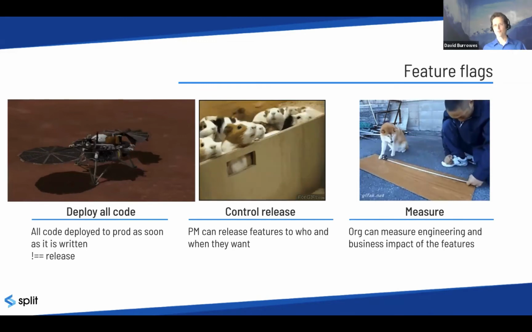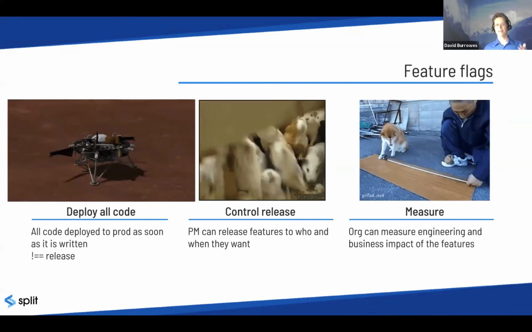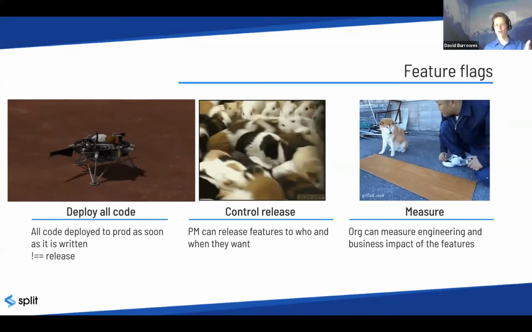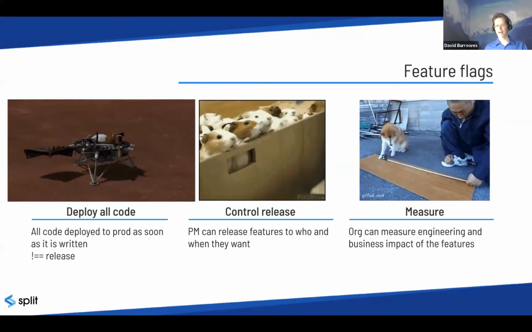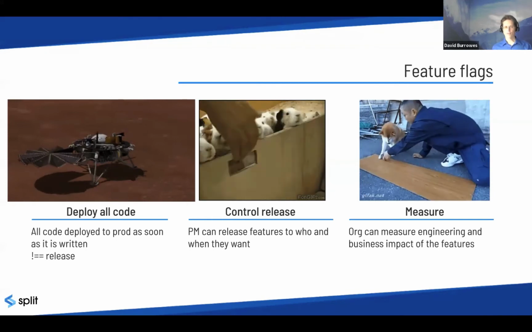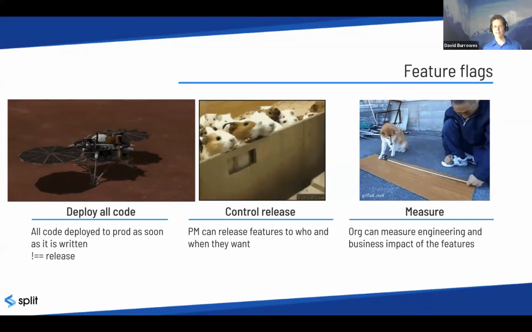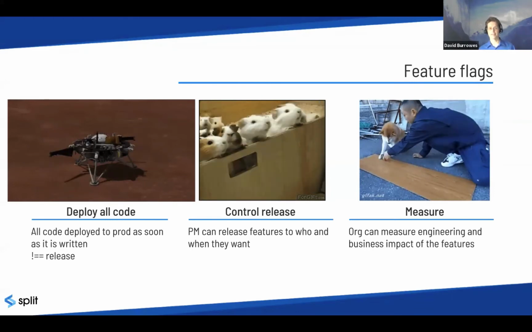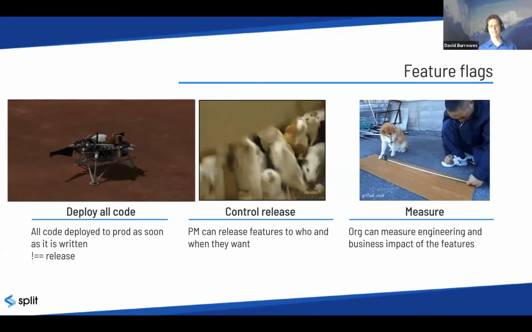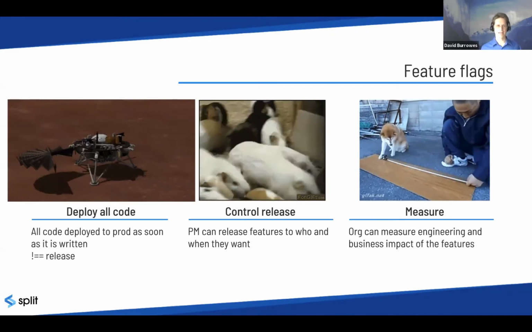It allows you to increase your developer velocity by getting code out into production quickly. Once you have your code deployed, then you can release it. So this is now, with feature flags, a separate process. The release process is usually controlled by someone like a PM.